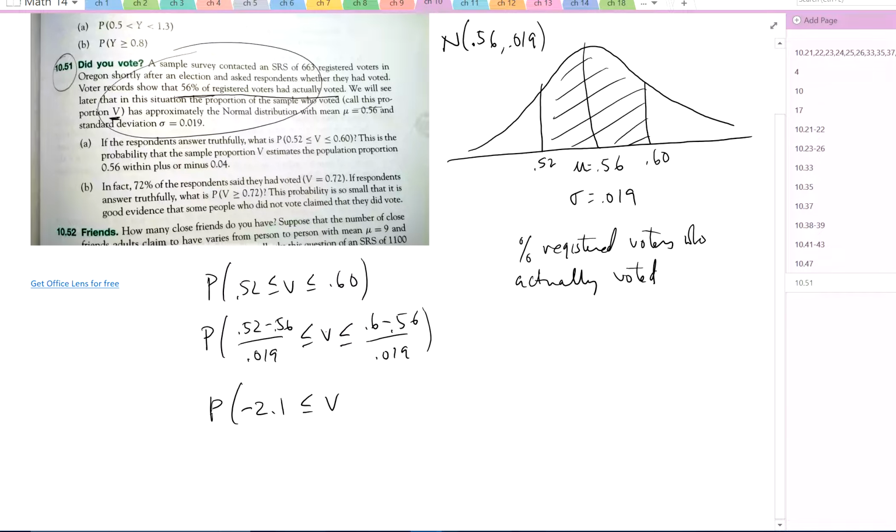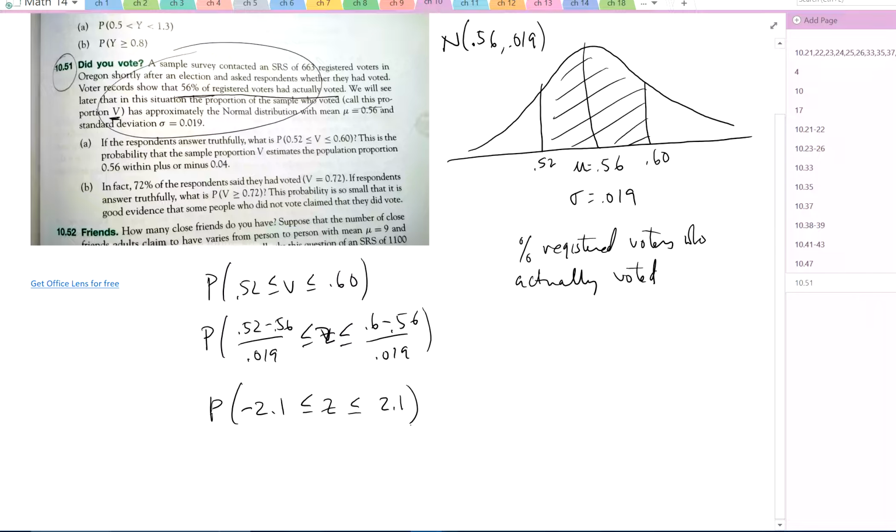Oops, this is no longer V, sorry, this is Z because I converted it to z-scores. And since it's symmetric, it's the same on both, 0.04 up and 0.04 down. This is going to be 2.1.